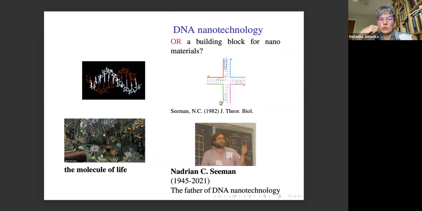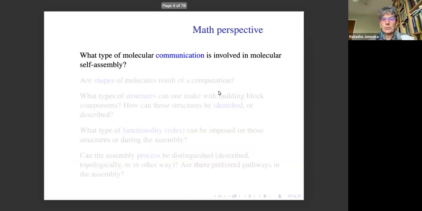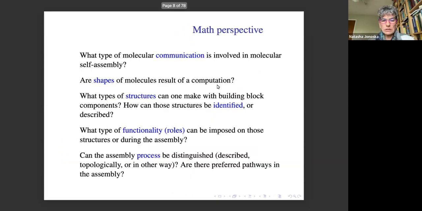This portion here is complementary to that portion, this portion is complementary to that portion, and so forth. So when you design complementarity of the DNA strands in a nice way, they actually self-assemble in different structures.